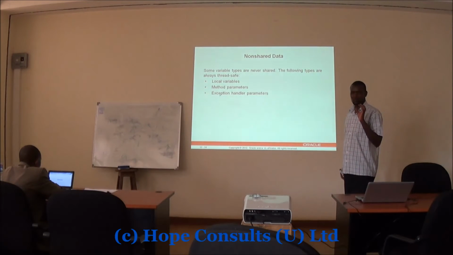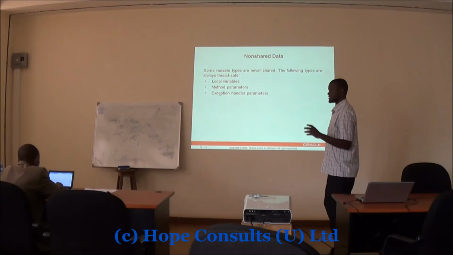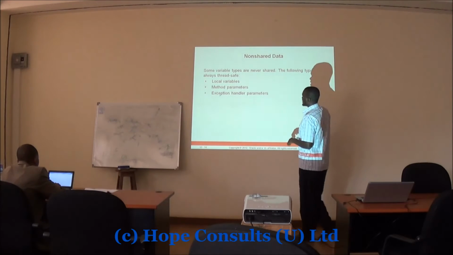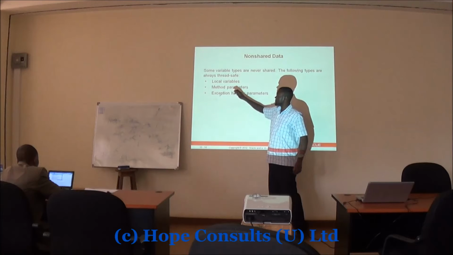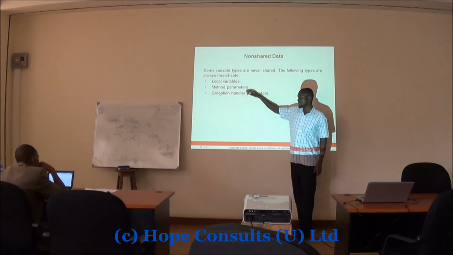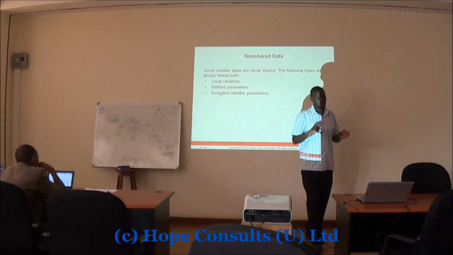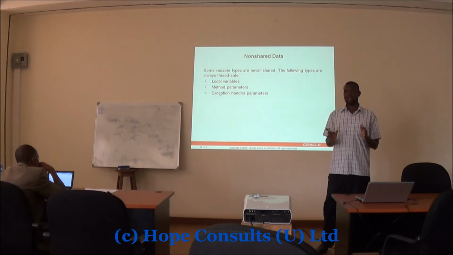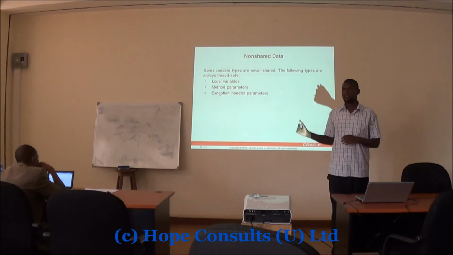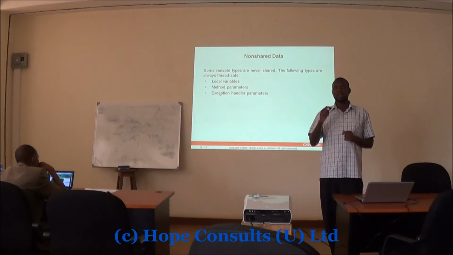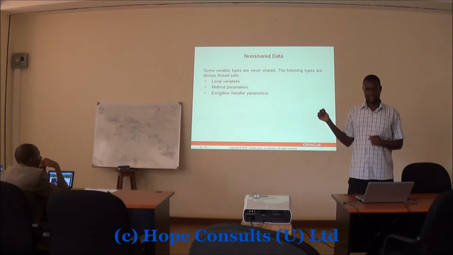The types of data that will not be accessed simultaneously are the local variables, method parameters, and exception handler parameters. Those are specific to a thread; they are local to any particular thread.